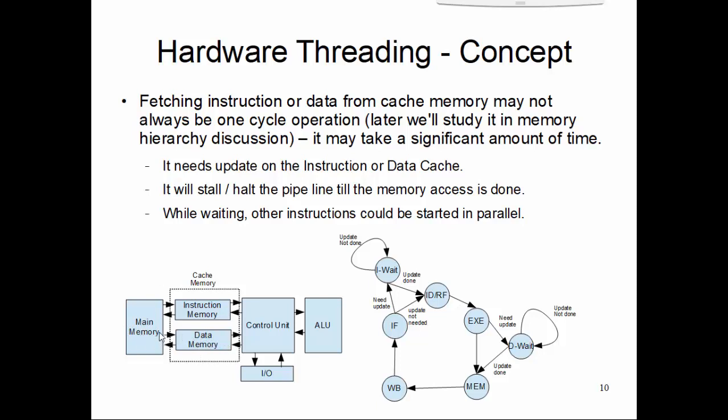So clearly we are here incorporating some wait state, and as I said, your main memory is really slow compared to the processor and control unit. This wait is significant. It can be on the order of 100 or 1000 cycles that you need to wait there.